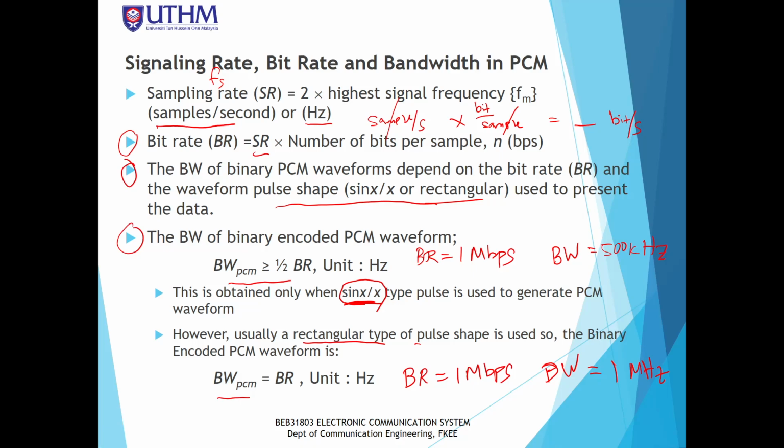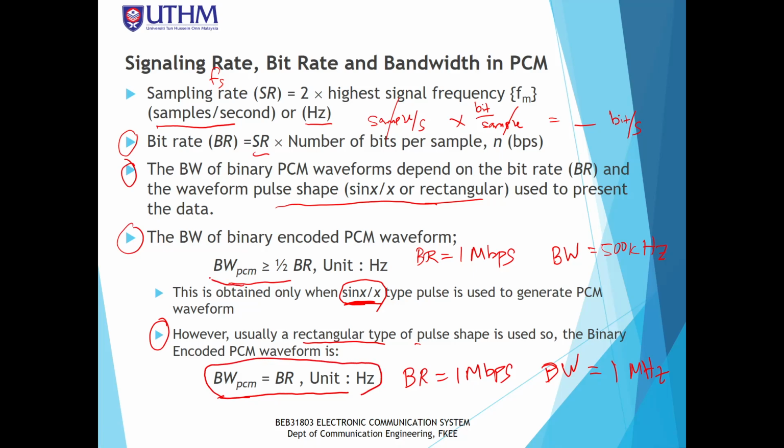Okay, so normally in the practical case we are using this one. The bandwidth for the PCM using a rectangular pulse is equal to the bit rate. Okay, normally we use this. So this is also known as the bandwidth of the PCM.